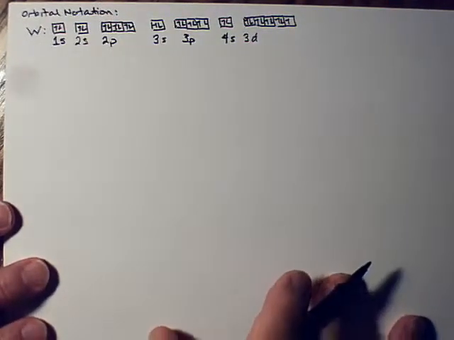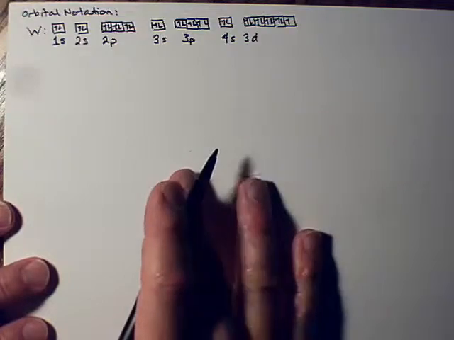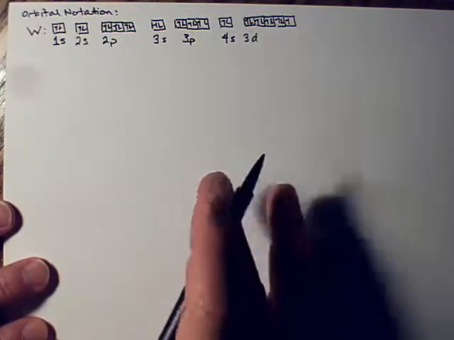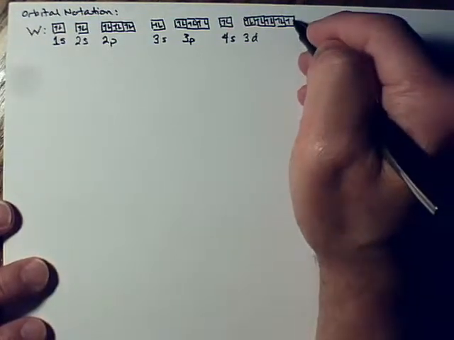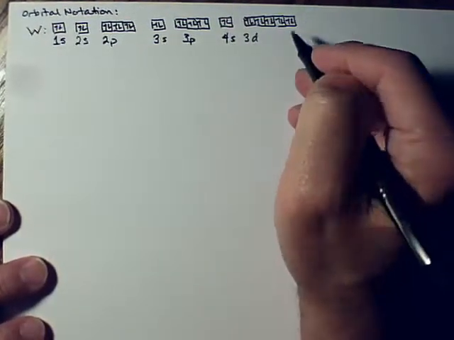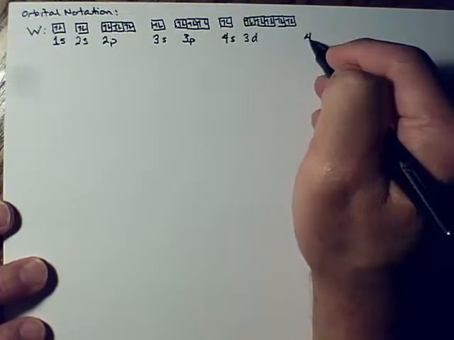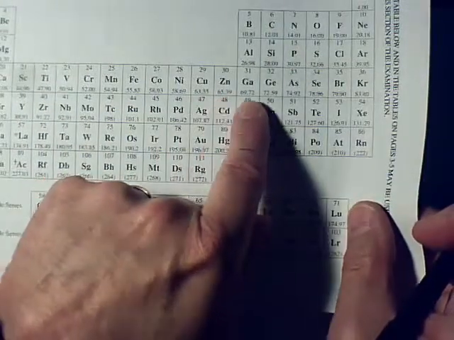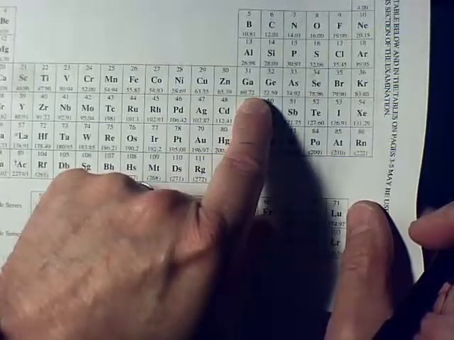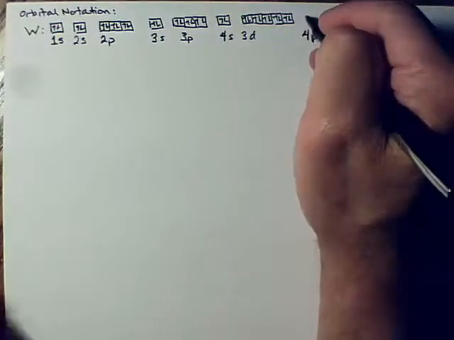Now there is an exception that we get into when we have a nearly half full or nearly full d sublevel, where we pull an electron out of 4s, but we won't get into that today. All right, so that's 3d, and then we're going to go back to 4p when we get through with this transition metal area. When we get to gallium, we're going back up to the 4th primary level and 4p, and we need 3 orbitals.